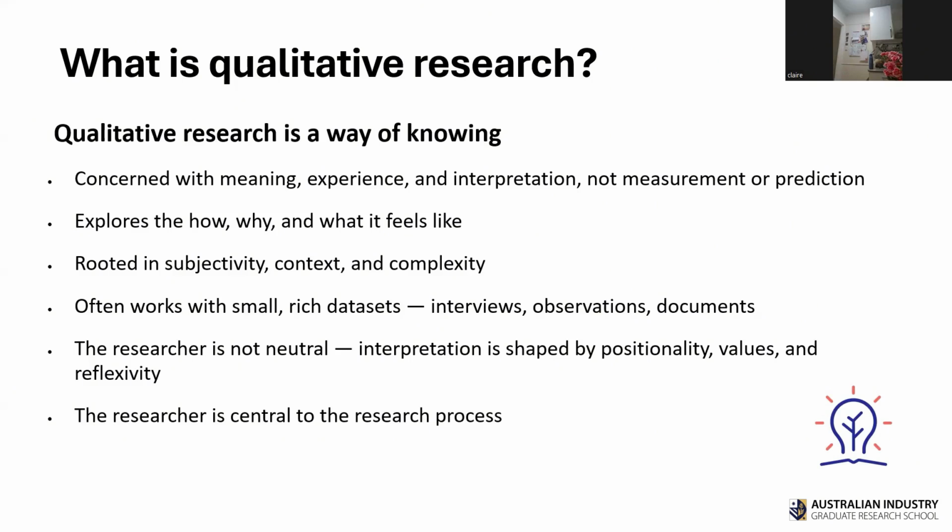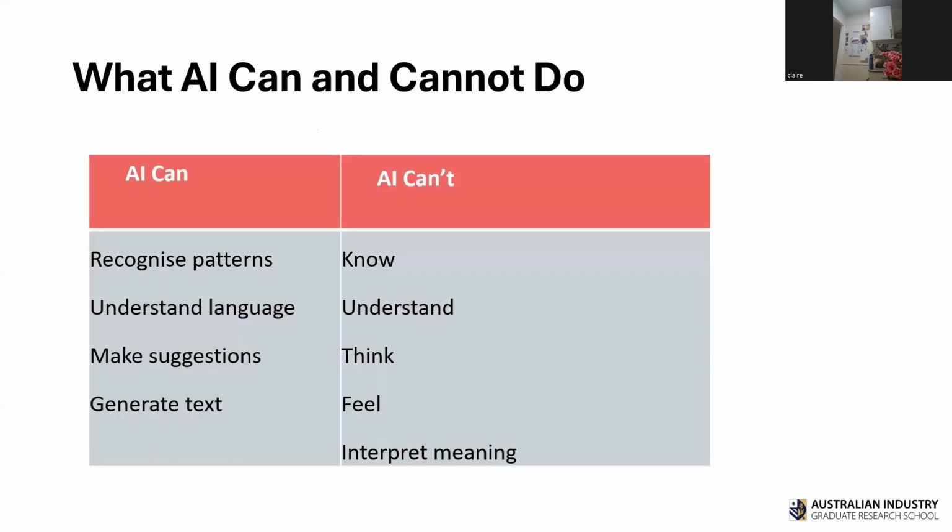So if we consider both of those things on the last two slides, and we're thinking about AI and qualitative research and how these things fit together, we just have a really simple table here. On the left, we're saying what AI can do. It can recognize patterns, and that's what it's incredibly good at, predicting based on statistical likelihood.